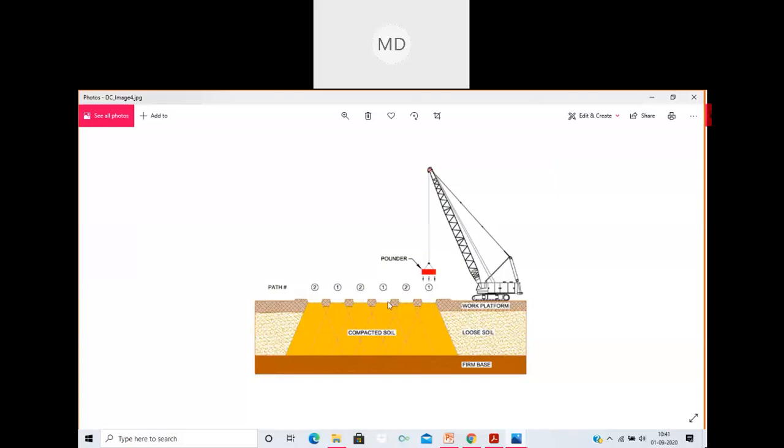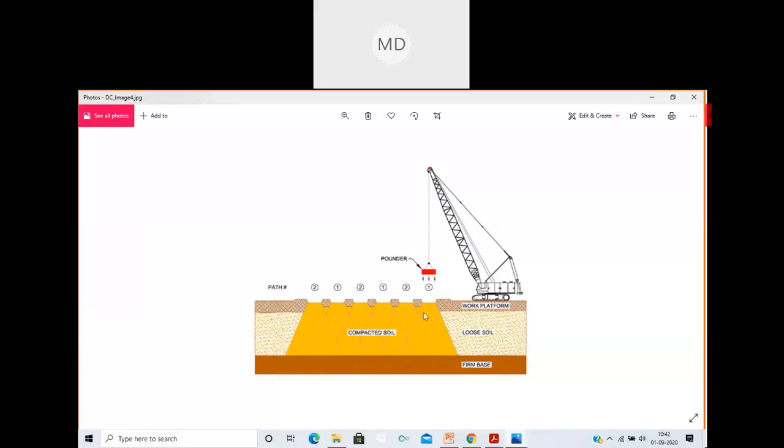Here also in part 2 we can see the load is dropped, and the vibration waves travel along these dotted lines for this part 2, and then these portions of the soil get compacted.